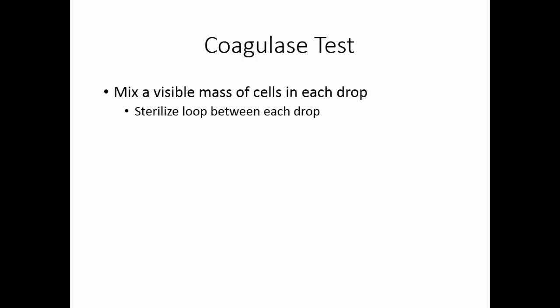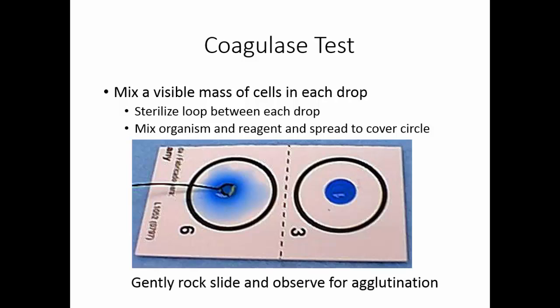Now between each mixing, you sterilize the loop. So you pick up your mass of cells, mix it in one drop, sterilize the loop, pick up another mass of cells, and mix it in the other drop. You want to mix the organism and the reagent and spread that to cover the entire circle. You then gently rock the slide and observe for agglutination.